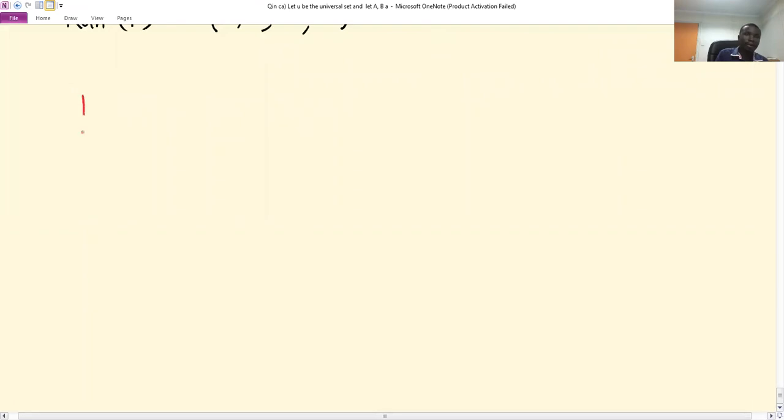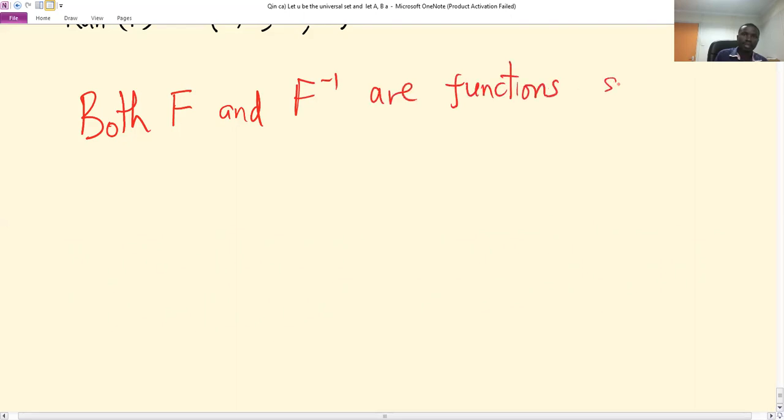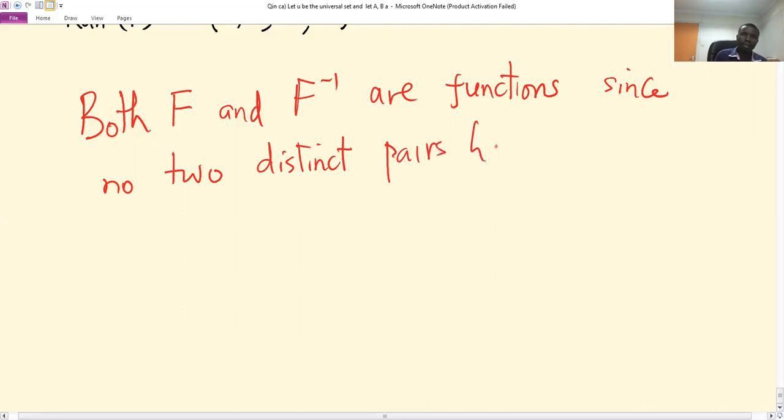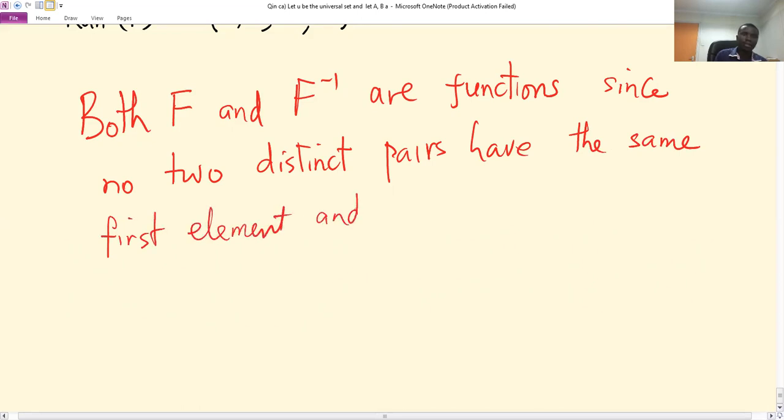So you say both F and F inverse are functions since no two distinct pairs have the same first element and different second elements.